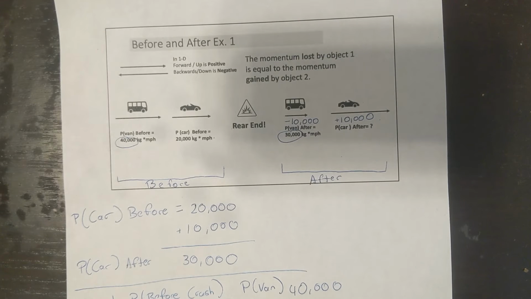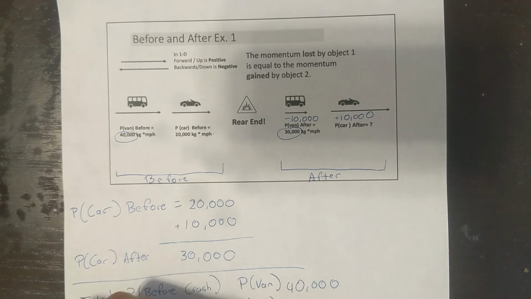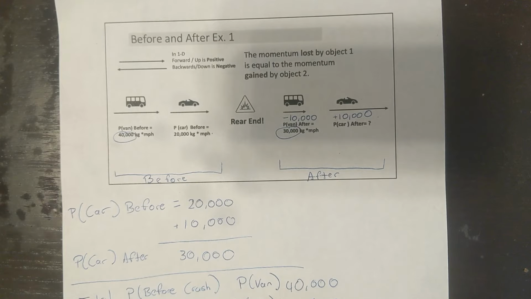And then the next question is, what is the total momentum after the crash? This one's easy because conservation of momentum tells us that the total momentum before equals the total momentum after. So these have to be the same. It's a key piece here.